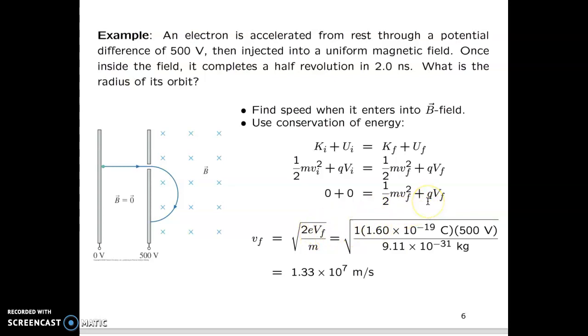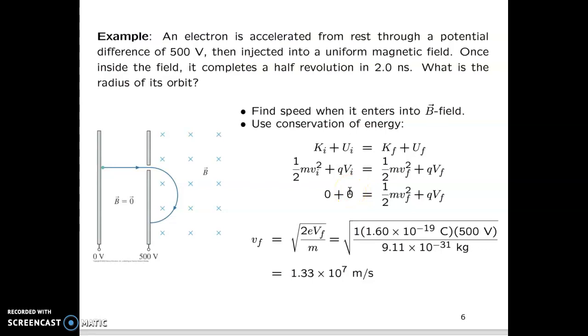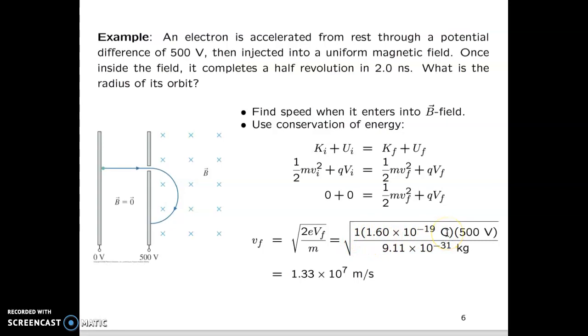Because q, the charge of an electron, is negative e, and there's another negative sign that comes from bringing this term to the other side of the equation, the two negative signs cancel out. You might want to write that all out if you have trouble following what I'm saying. But in the end, you have the quantity e here, the elementary charge. It's the magnitude of the charge of an electron.